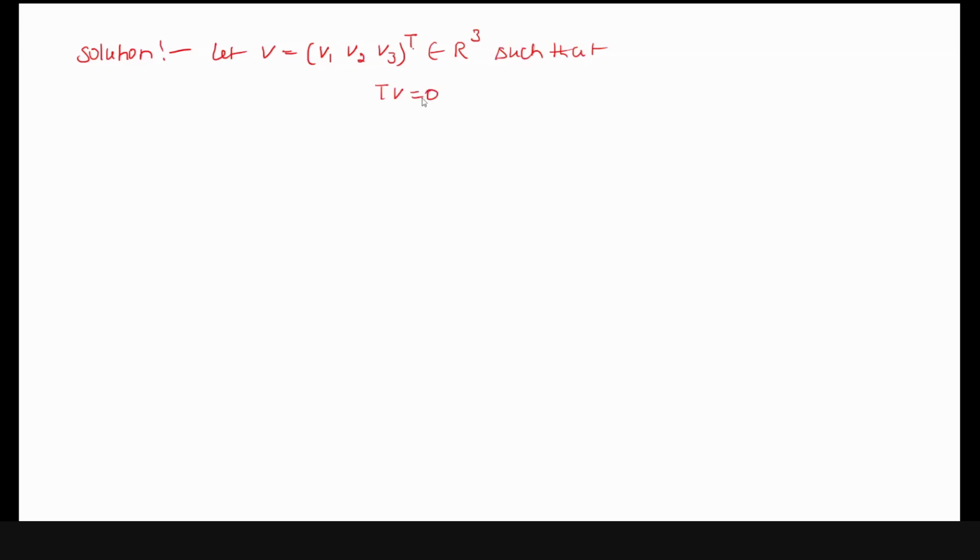So what does this mean? If T of V is equal to 0, that is, V belongs to the kernel of the linear transformation T.